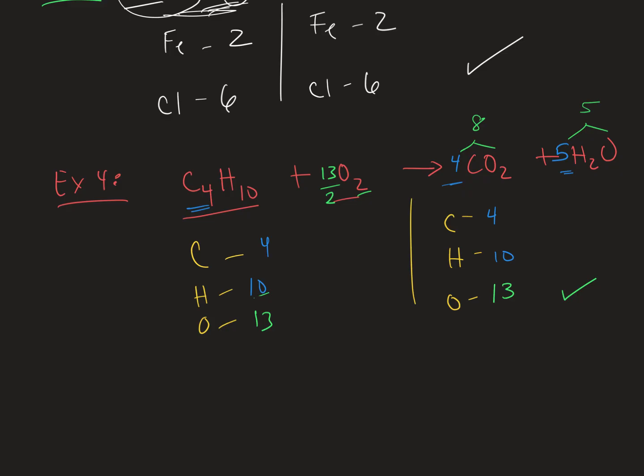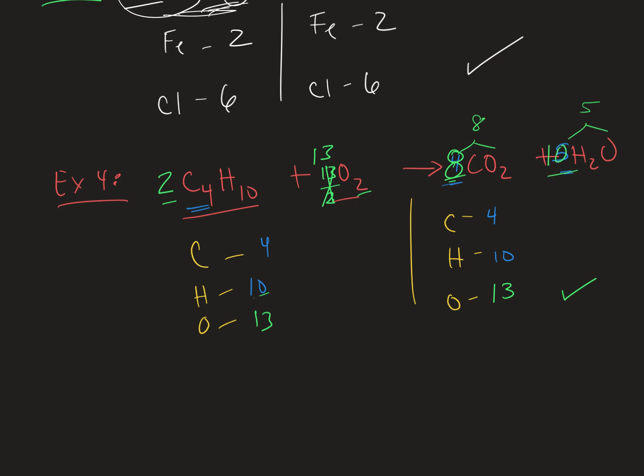So we're going to multiply this entire equation by 2. Now, I'm not going to write it that way. I'm just going to say, what's the coefficient of that one? That's 1. Multiply it by 2, and I get 2. 13 halves, multiply it by 2, and I get 13. You with me? 4, multiply it by 2, and I get 8. 5, and multiply it by 2, I get 10.